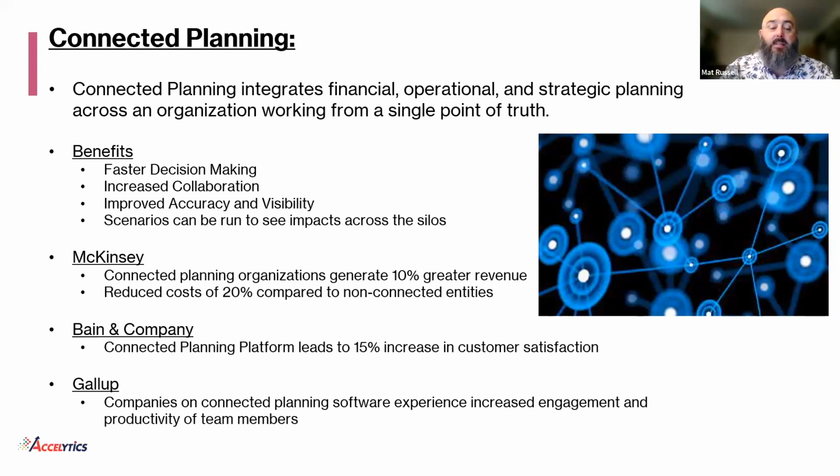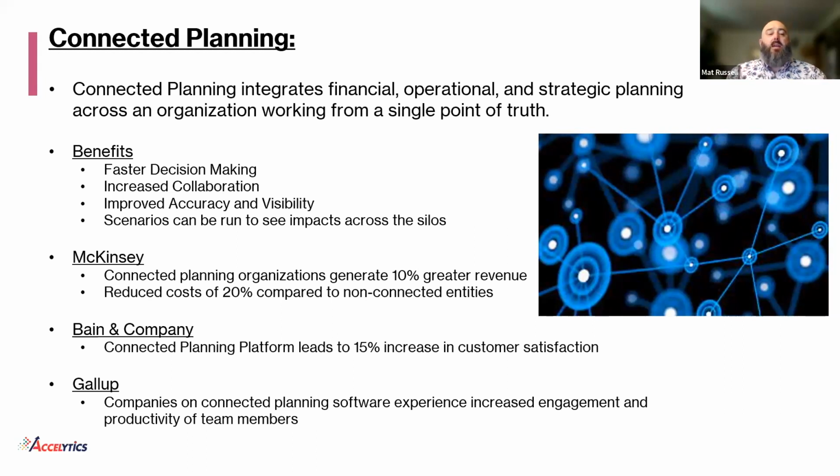Bain & Company states that a connected planning platform leads to a 15% increase in customer satisfaction. And Gallup, with their finger on today's pulse, finds that companies on connected planning software experience increased engagement and productivity of team members. Everybody's talking the same language. Everybody begins to talk about this in the same language as the S&OP.